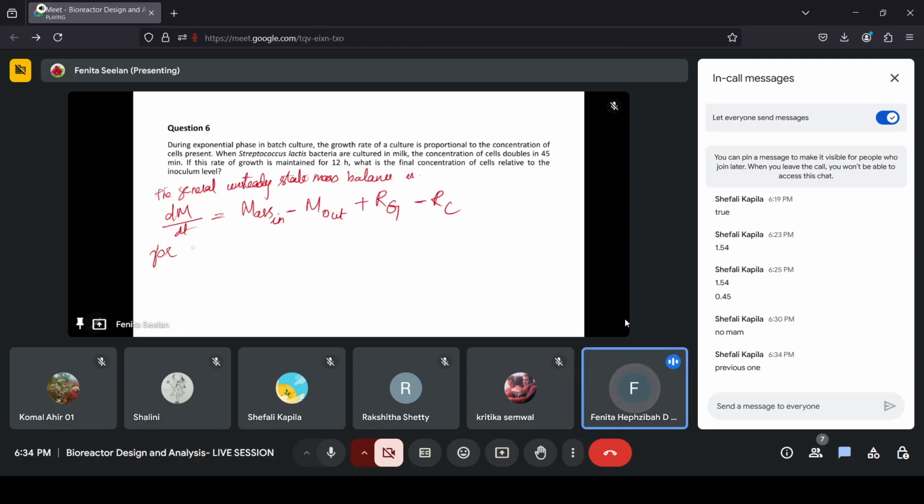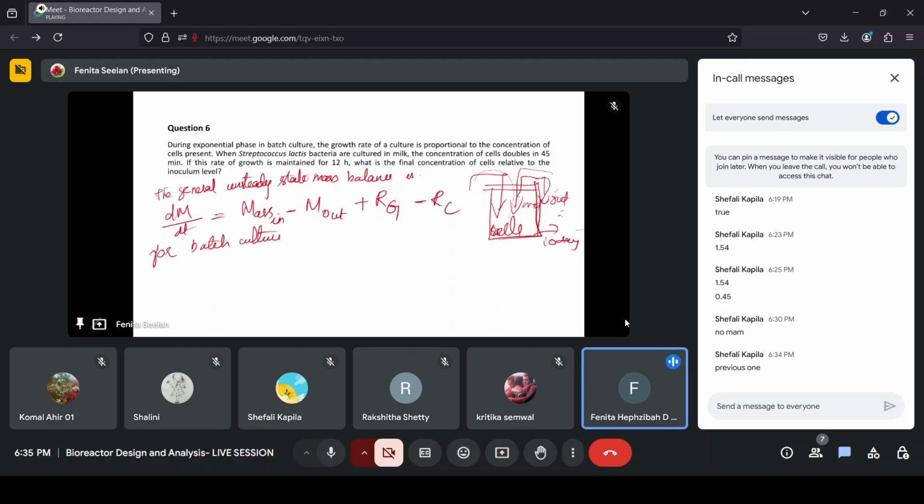So for a batch system, you are putting something in, your cells in, and you're not going to take it out. If you're going to take it out, it is continuous. If you are just going to put your medium, your cells, everything inside and let it grow for a batch time of say 10 days or something, it is a closed system.